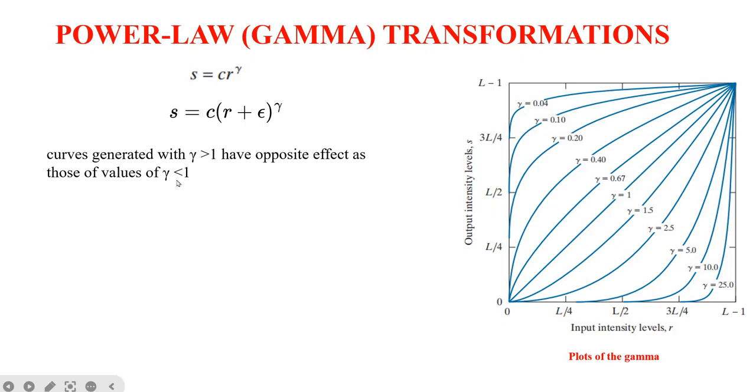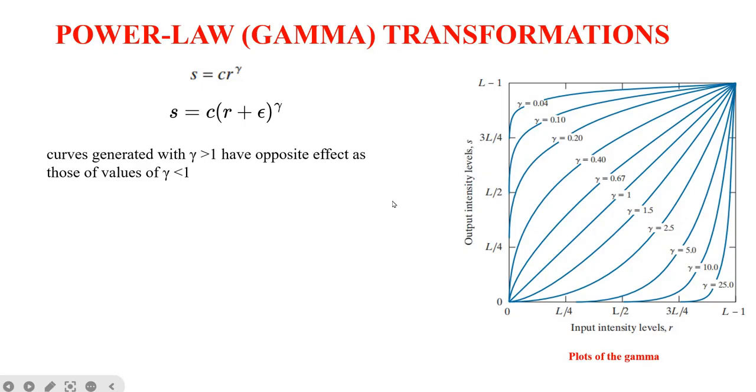The curves generated with gamma greater than 1 have the opposite effect to those generated with gamma less than 1. So here you can see this line is for gamma equal to 1, these are for gamma less than 1, and this side is gamma greater than 1, and both are opposite to each other.